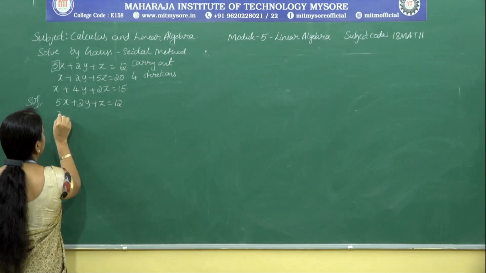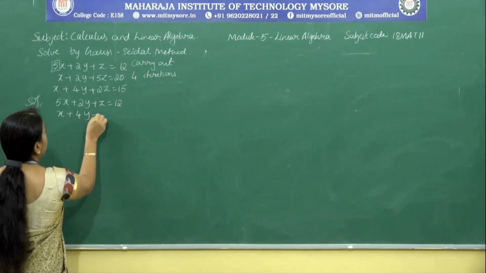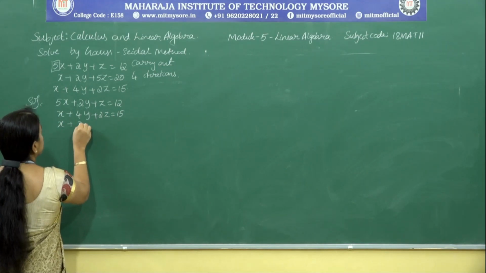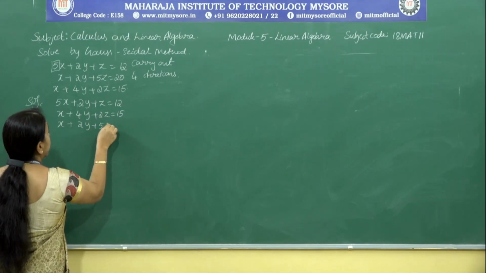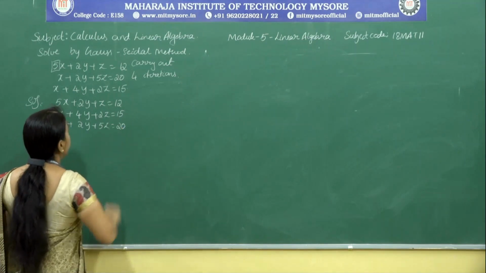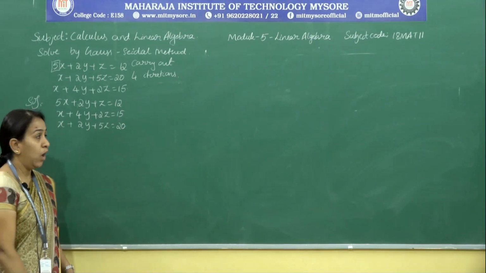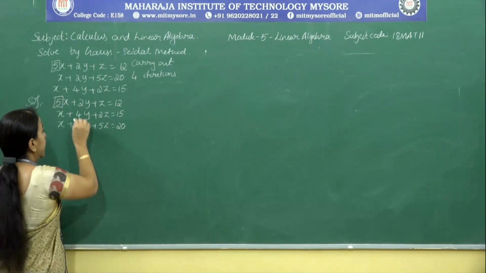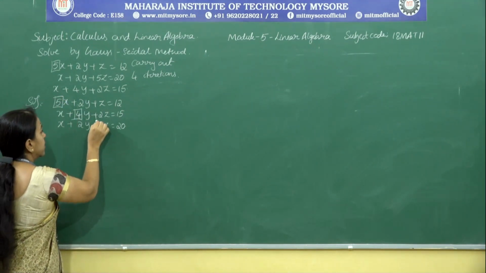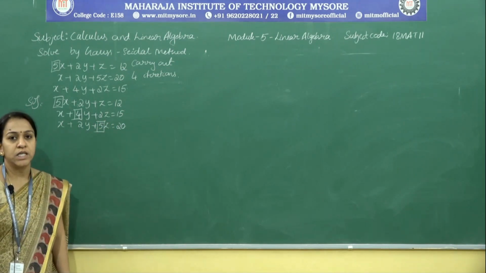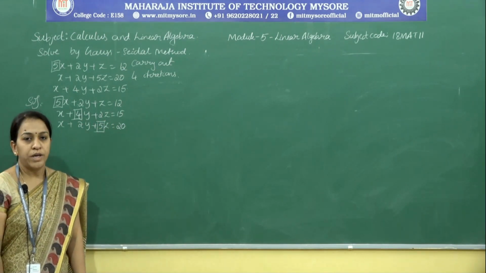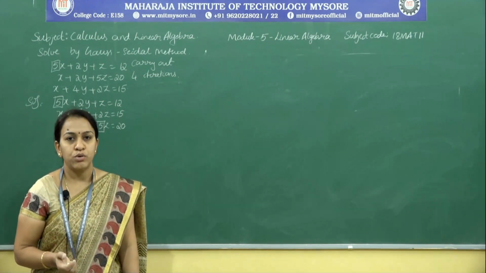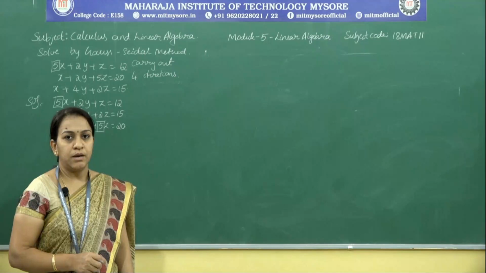Then I write the third equation as the second equation: 4y plus 2z equal to 15, and the second as x plus 2y plus 5z equal to 20 as the third equation. Now in the first equation, the coefficient of x is more, in the second y is more, in the third the coefficient of z is more compared to x and y. So this is the order you should check before going to solve using the Gauss-Seidel method.